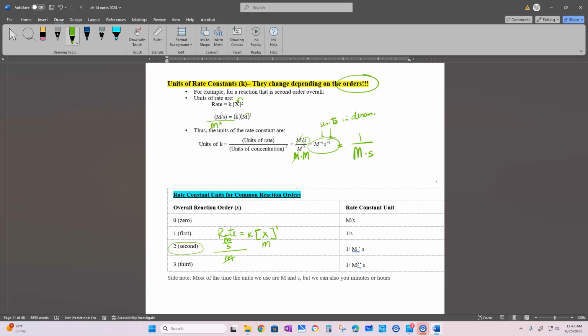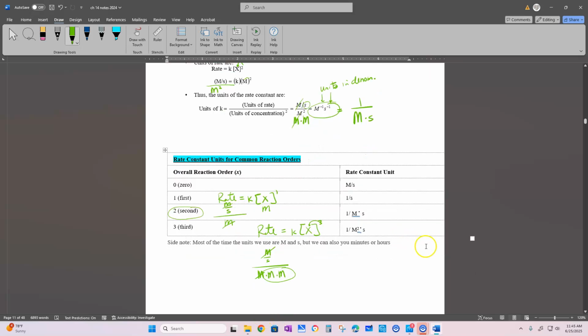What if it's to the third power? So I have rate, little k, and then maybe I have x to the third. Well, that third goes for the number and the unit. So if rate is M over S over M cubed, it's the same thing as saying M times M times M. So one of the M's cancels, but I still have those M's together, M times M, which is called M squared times S. Do you see a pattern?